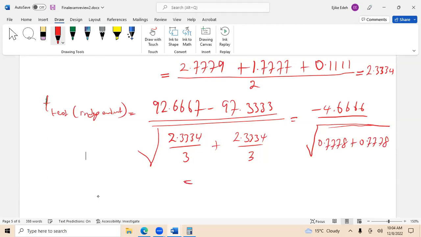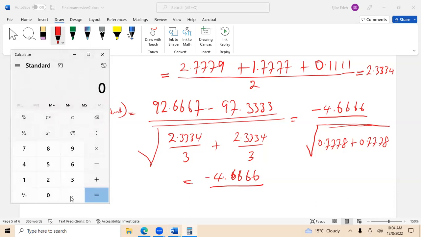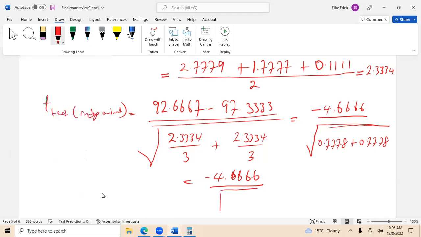So let's go further. Negative 4.6666 divided by the square root of the sum of those, 0.7778 plus another 0.7778. This gives us the square root of 1.5556. I don't know if the square root works the same way, but let's write this down first and then see.